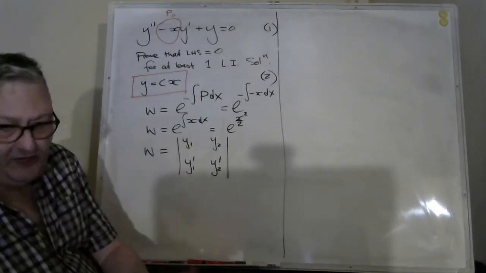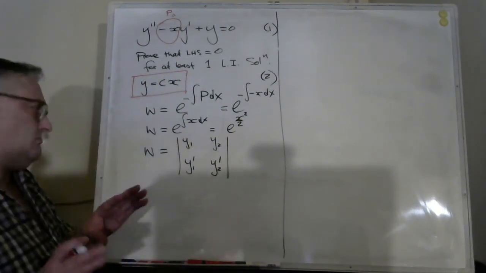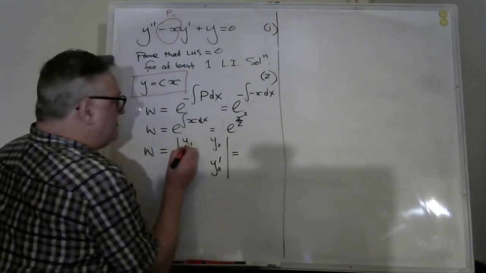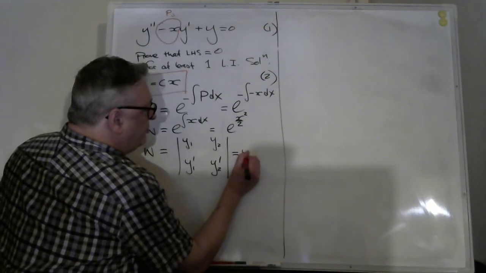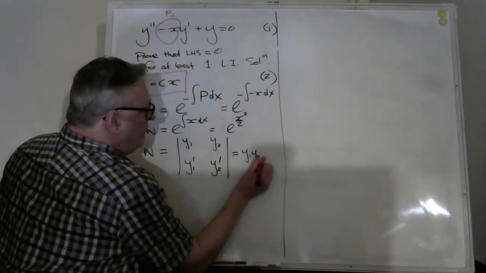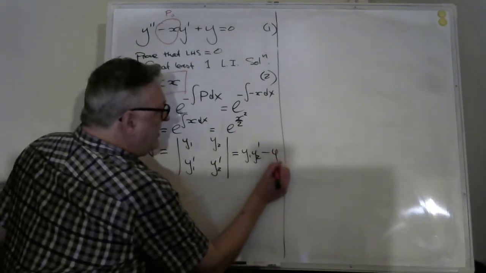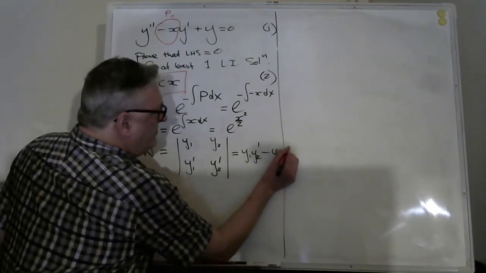You probably know this, but the determinant is just y1 times y2 prime minus y2 y1 prime.